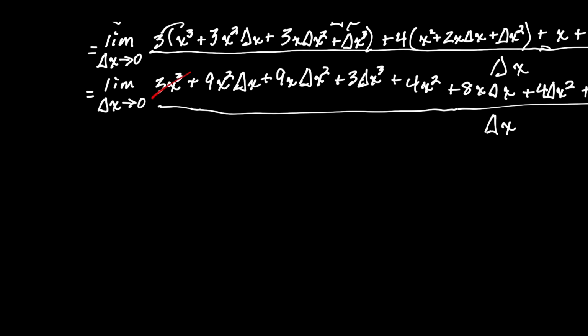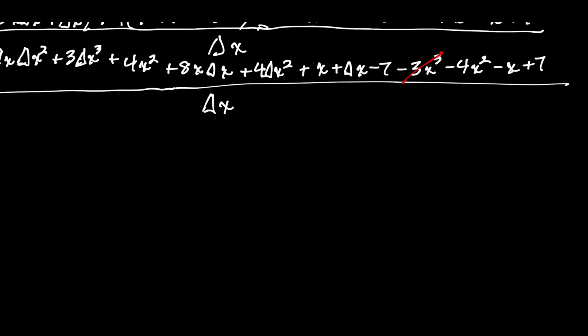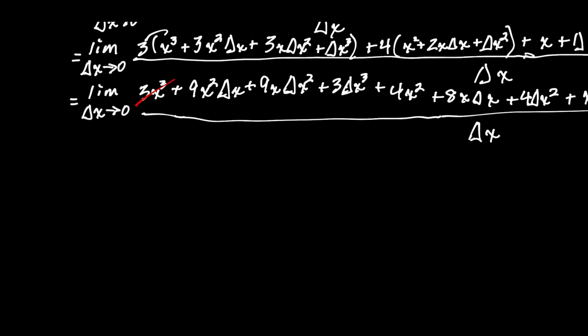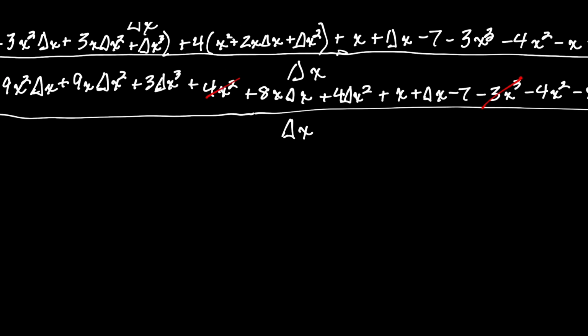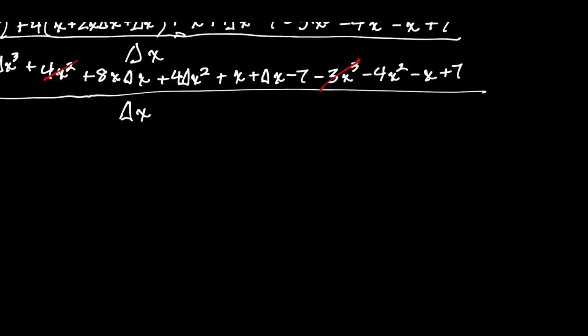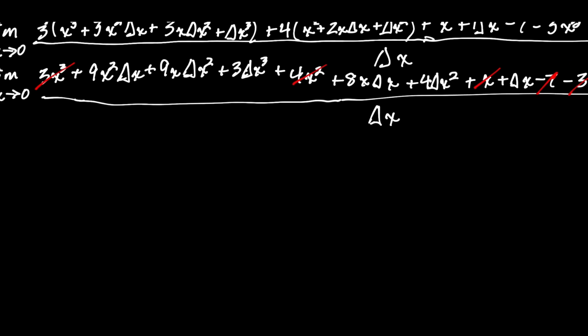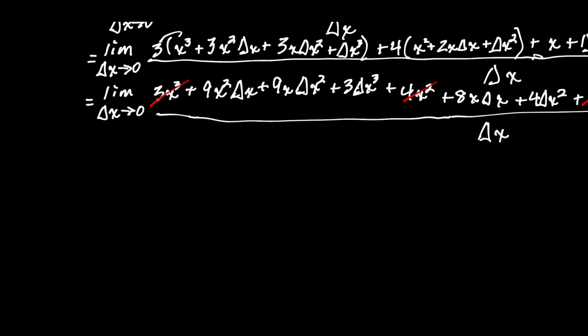All right, now is when we can get it whittled down a little bit. We know that 4x squared will add off with negative 4x squared. x adds off with negative x, and negative 7 and positive 7. So watch how much less we have to write on this step. Equals the limit as delta x approaches 0 of 9x squared delta x.